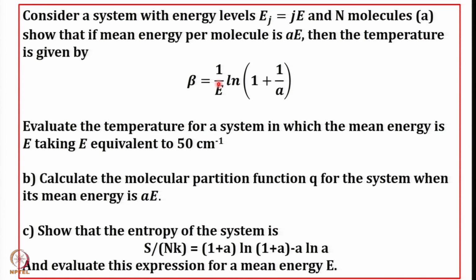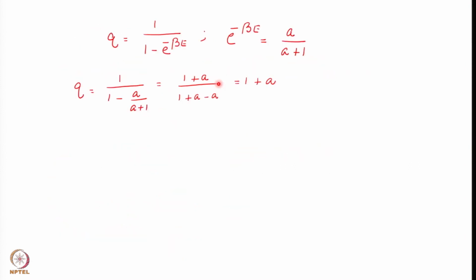What we have come up with is that the molecular partition function is equal to 1 plus A. If we have the value of A, then we can easily get the value of q. We have the expression for q now.